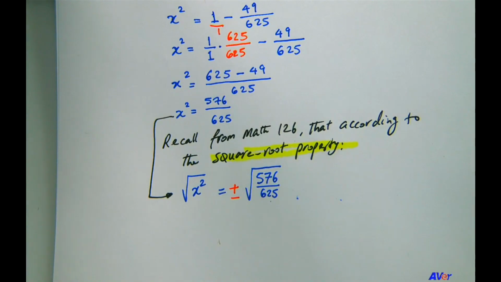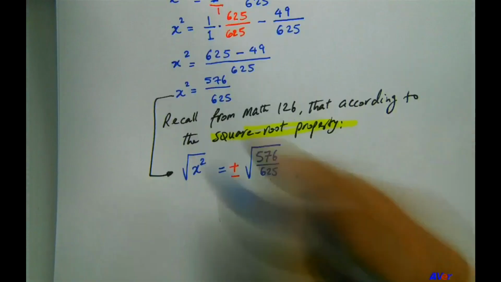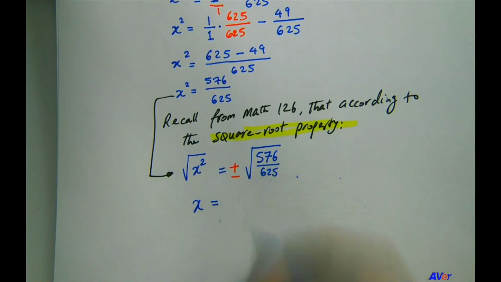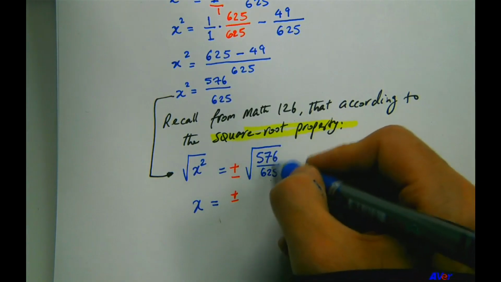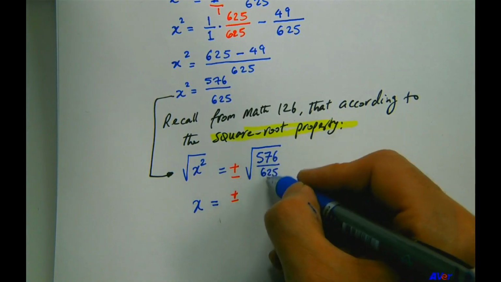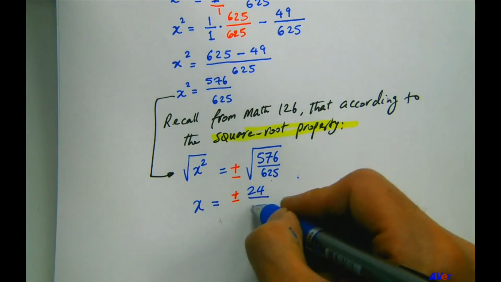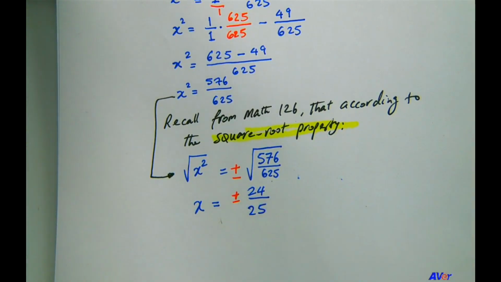Not just positive, but plus or minus. We're going to end up with two solutions, not one. On the left, we have just x. On the right, we have plus or minus. Each of these numbers is a perfect square, 576 and 625. So we have plus or minus 24 over 25, right?